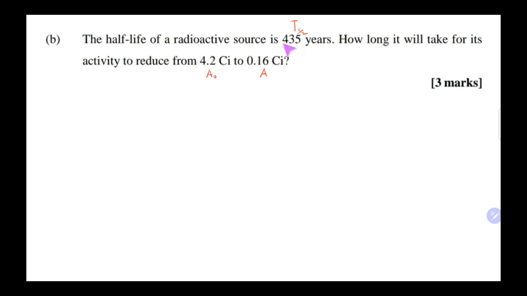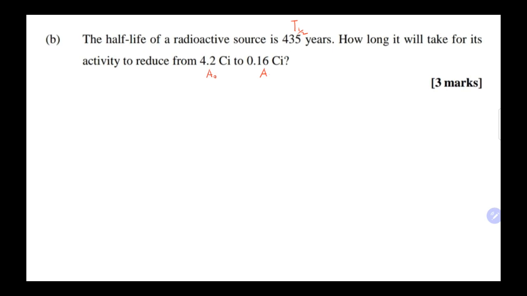So now by giving you the half-life, and also the initial and final activity, they ask you to find how long it will take. So this is the time needed. By knowing the initial activity, final activity, and half-life of the radioactive source, how do we calculate the time?